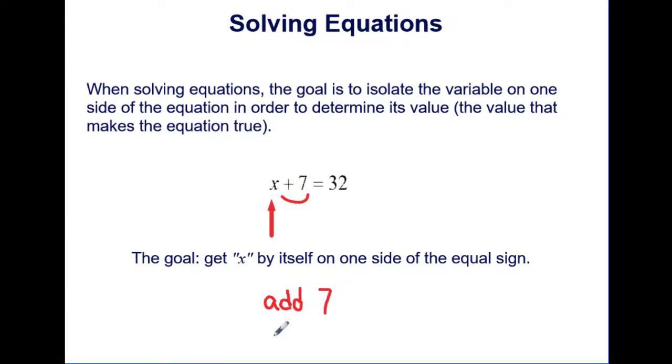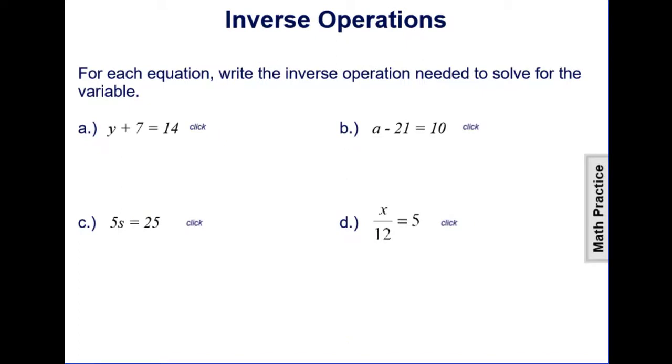So its inverse, we would need to subtract 7 in order to get x by itself. Here, let's think about our inverse operation. We have y plus 7 equals 14. So here we are adding 7. So the inverse operation would be to subtract 7.